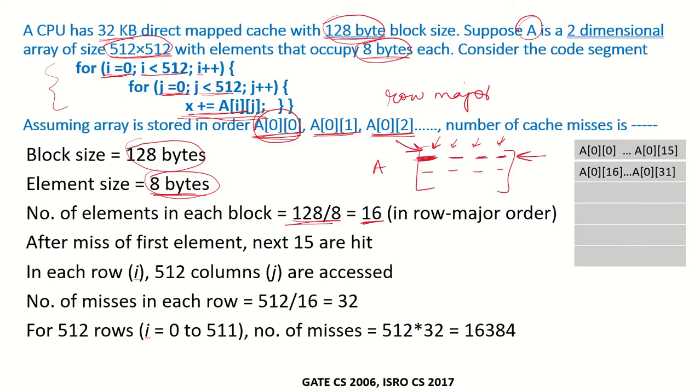This will be a miss because right now the array is in the main memory. When this is a miss, the whole memory block will be picked up and brought into the cache.